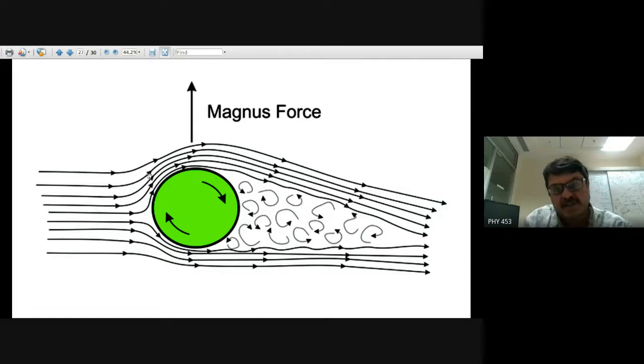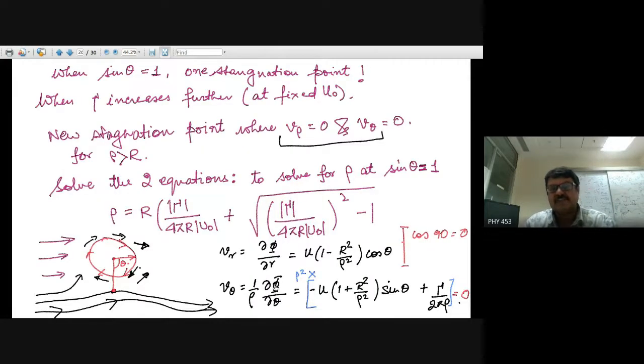So the flow has to be higher here and lower here, and the streamlines will essentially solve for v theta for different values of rho. It will give you those equations: one is cos theta, one is minus sine theta, and you have this extra term.